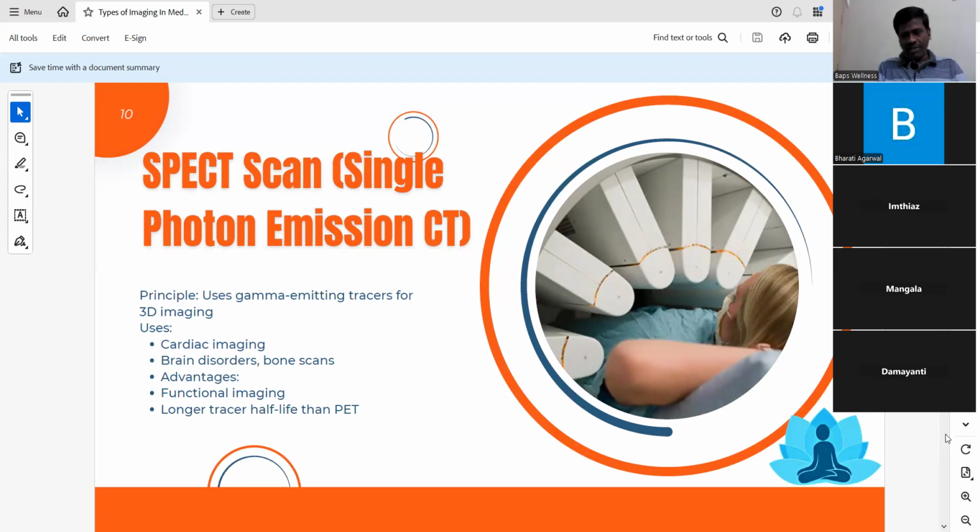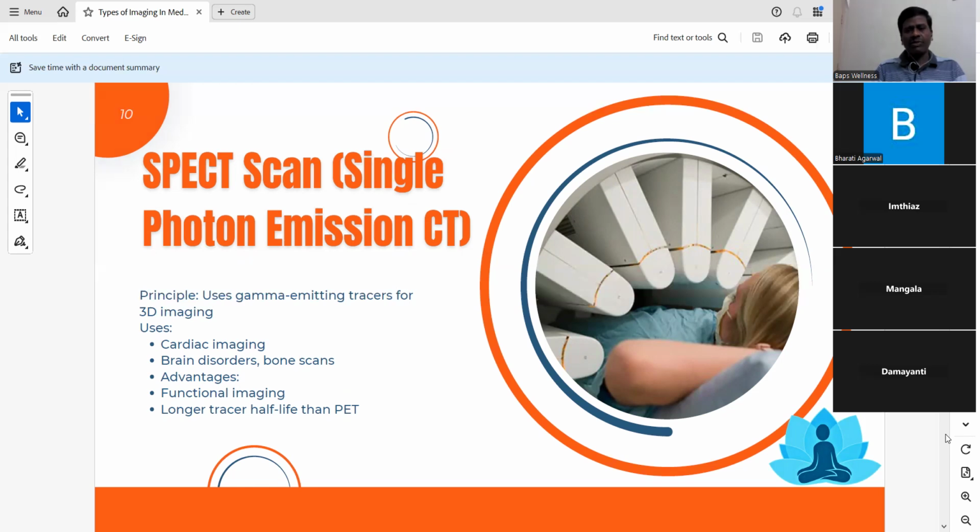Then another scan which is very, very less heard about is SPECT, that is single photon emission computed tomography. CT is computed tomography. Here, the single photon emission works similar to PET, but uses gamma emitting radio tracers. And it creates 3D images of the blood flow and also the mechanisms.